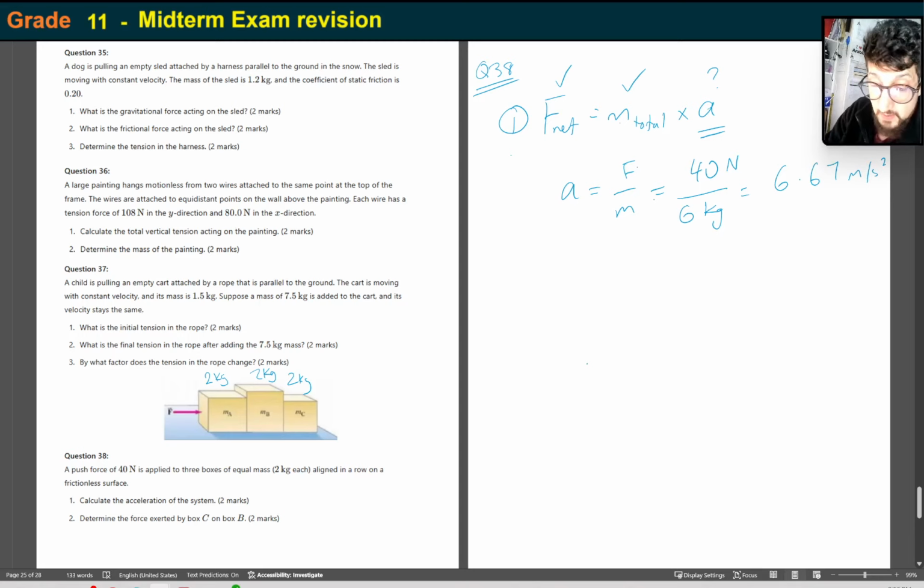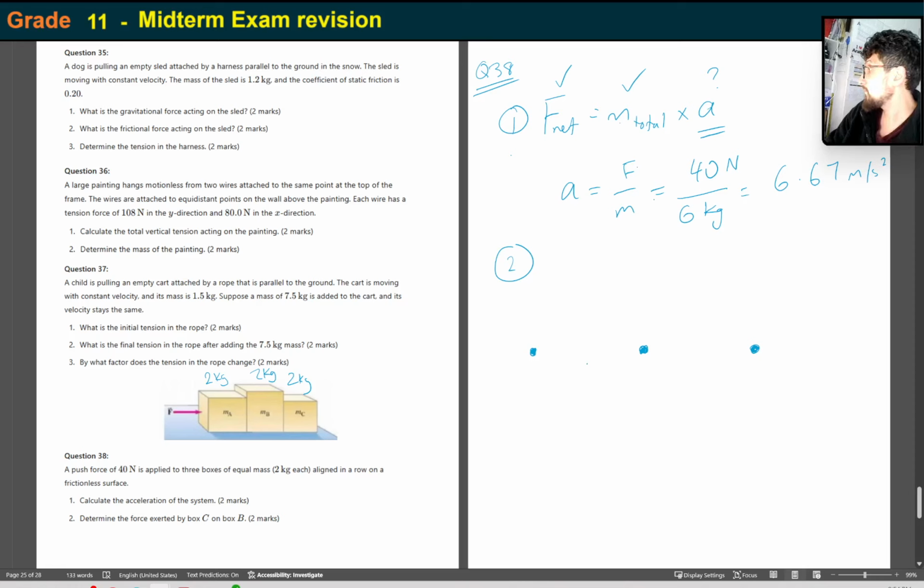Question 2 says, determine the force exerted by box C on box B. This is when we have to do some thinking. I'm going to draw the free body diagram. The free body diagram, remember, is a diagram that shows the forces acting on an object.